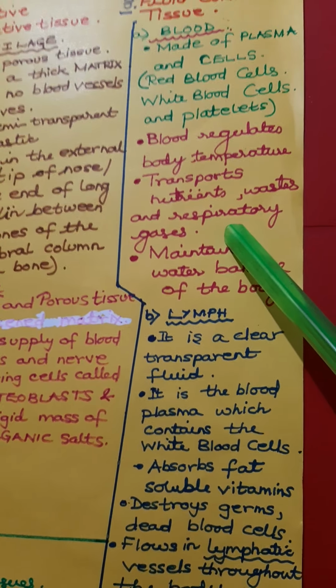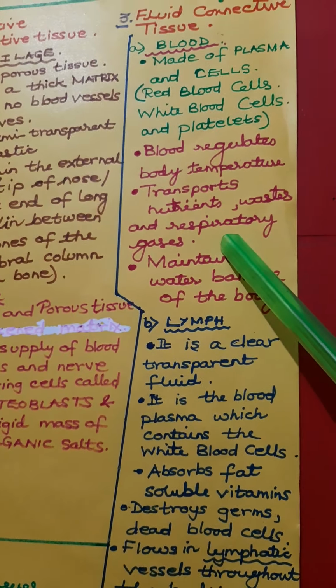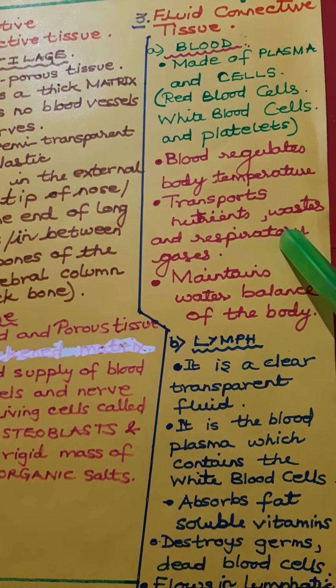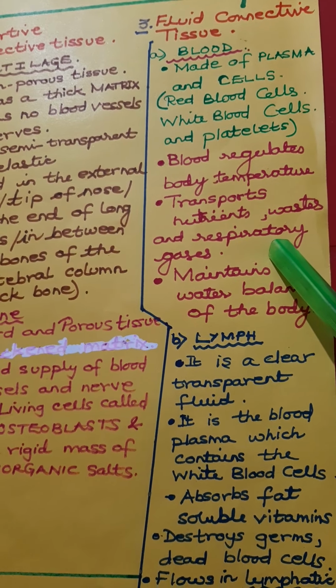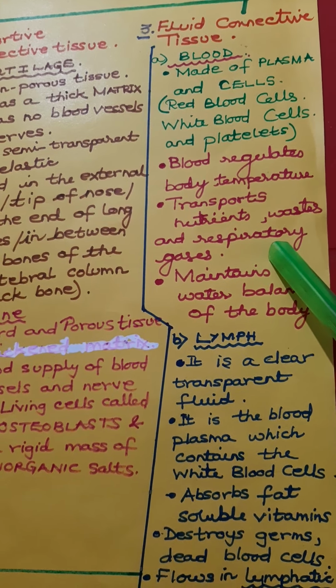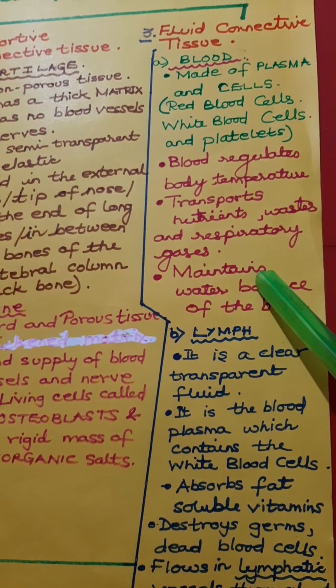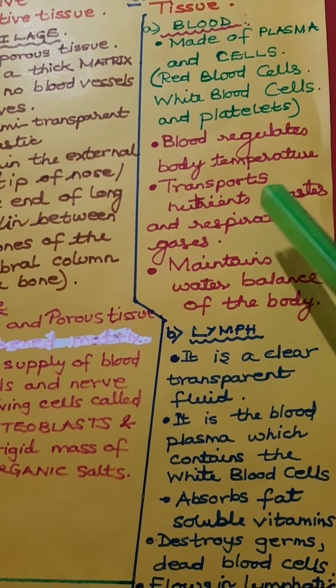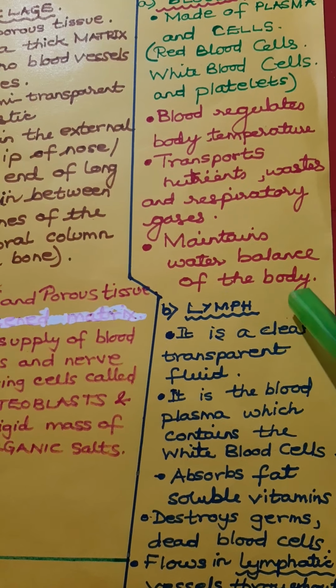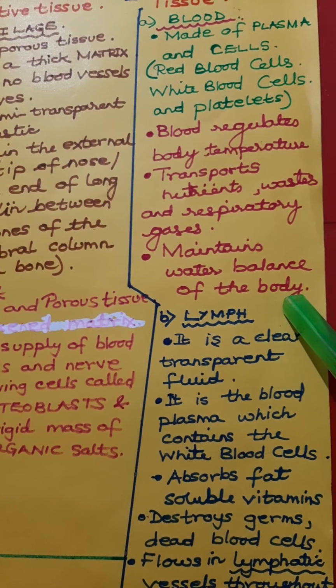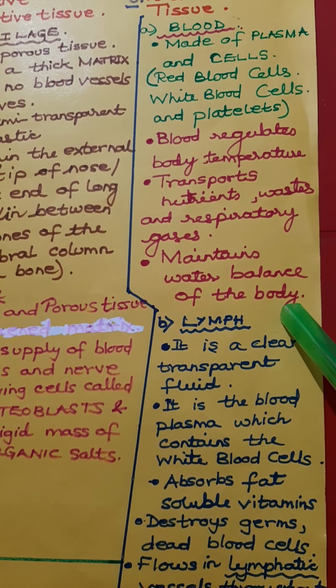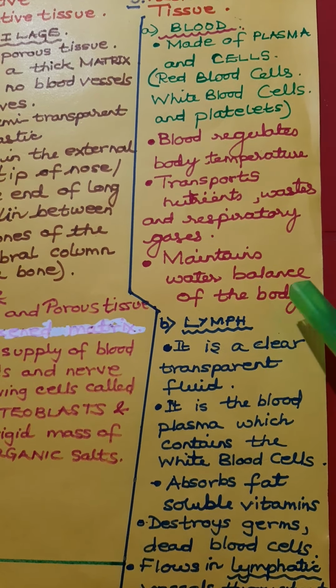Oxygen, when we take it in, is taken to the different parts of the body by the blood. And carbon dioxide, a waste product formed in the body, is again taken up by blood and given to the respective organs so that it is expelled out of the body. Blood also maintains the water balance of the body.